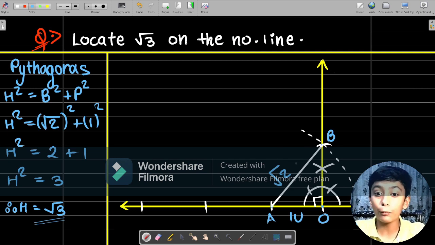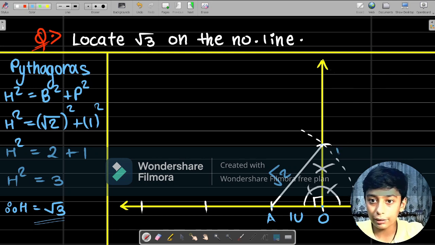Now I am going to take root 2 as the base. Okay, so the first thing which I will do is extend. So let me just erase this B point over here. I'm going to write it down because it will interrupt when I extend the line. So let it be B over here.